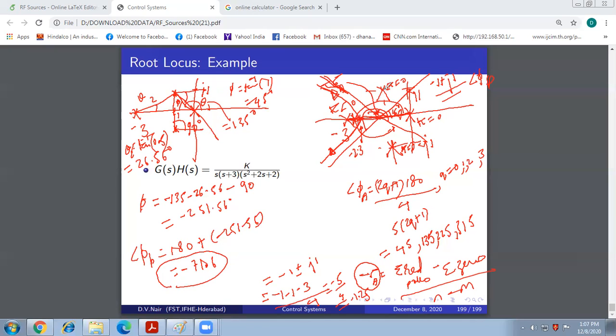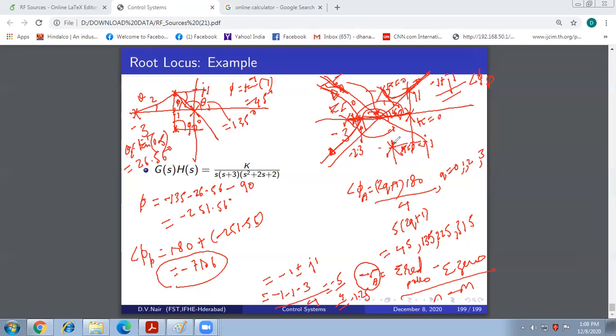This is the pole, so it will leave at an angle of minus 71.56, and then it will follow the asymptote. This branch will move parallel to this asymptote, and symmetrically, if this is leaving at minus 71, this will leave at plus 71.